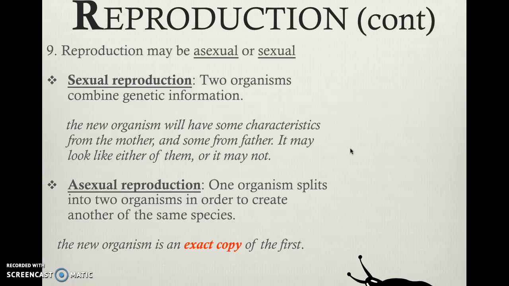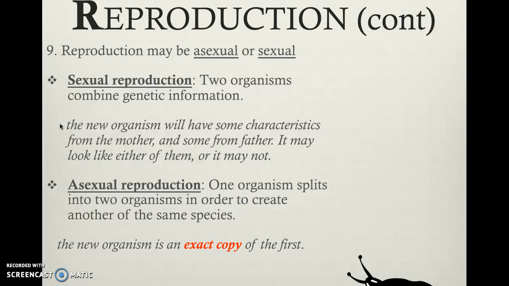Number 9, we have 2 different ways in which we have reproduction. One is asexual and one is sexual. Sexual reproduction, you have 2 organisms combine genetic information. This would be the human way in which we have offspring. The new organism will have some characteristics from the mother and some from the father. It may look like either of them. It may not.